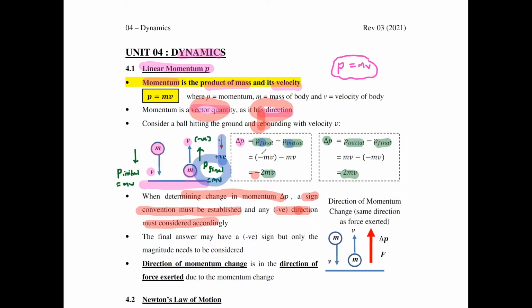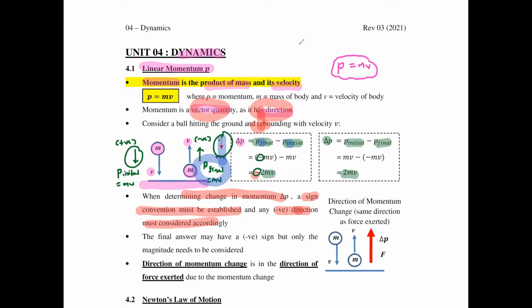That's why I had a negative sign here. It's negative mv minus the initial momentum. The initial momentum here is in the same direction as my sign convention, so this is just positive. There's nothing I need to add to it. So I just take negative mv minus mv, giving me negative 2mv. That's why the negative is here right now.